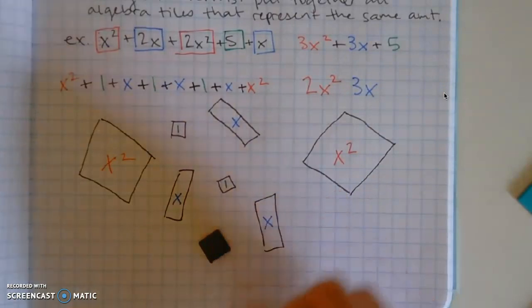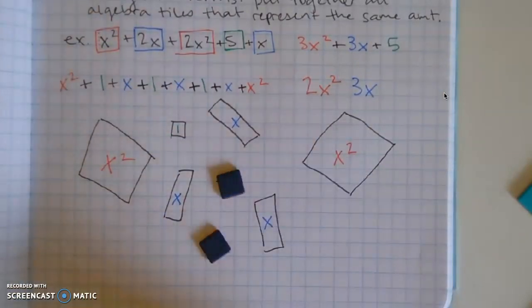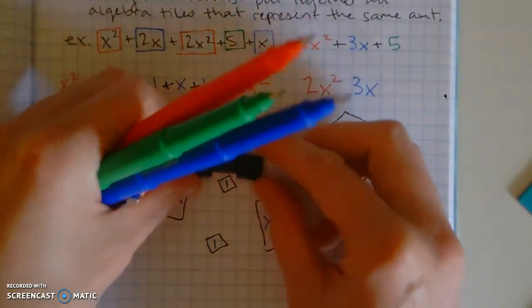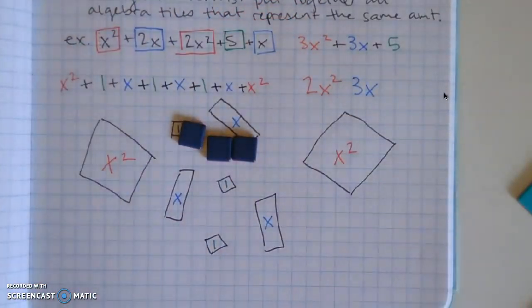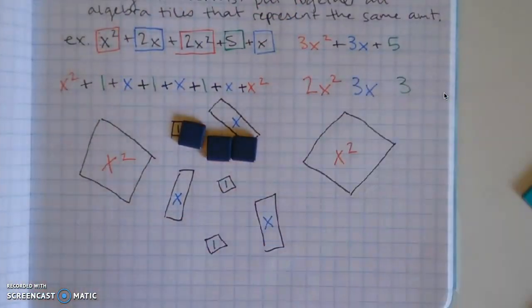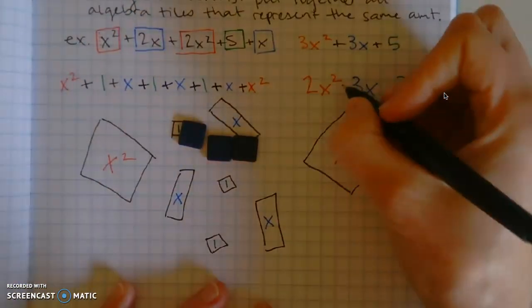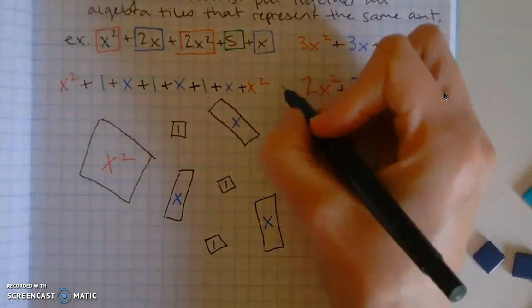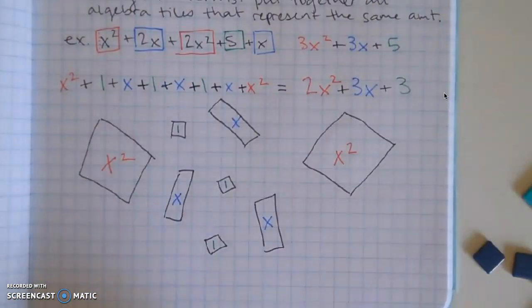Okay, and now I'm going to take my 1 tiles and I'm going to put them all together. And how many do I have now? 3. So I'm going to write 3 here. So I have now created, I'm going to add that plus sign in because it's still adding. Now I have created an equivalent expression by combining like terms.